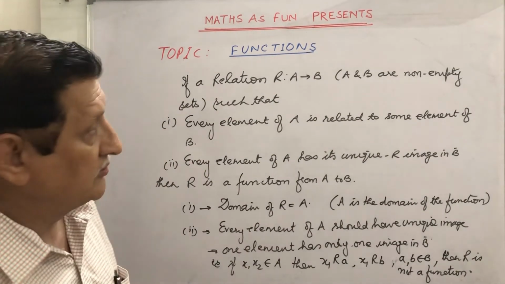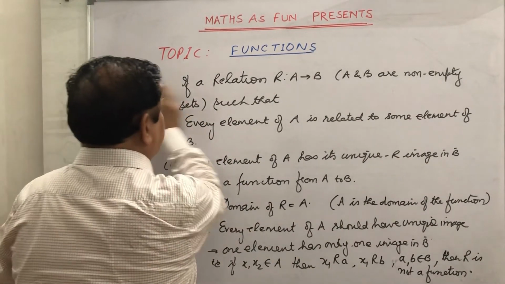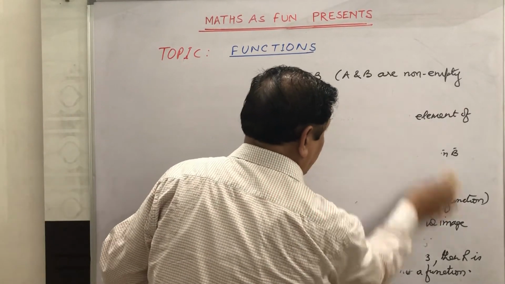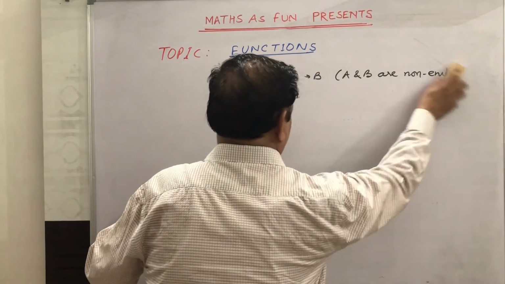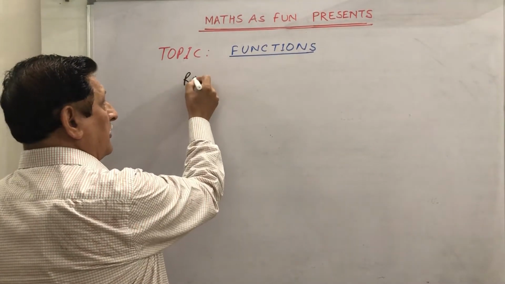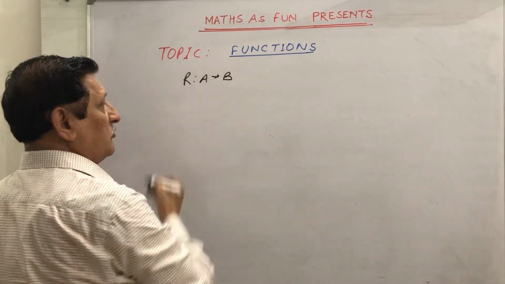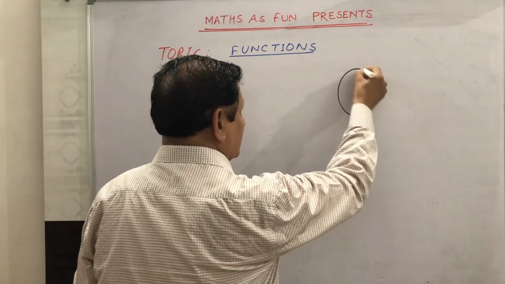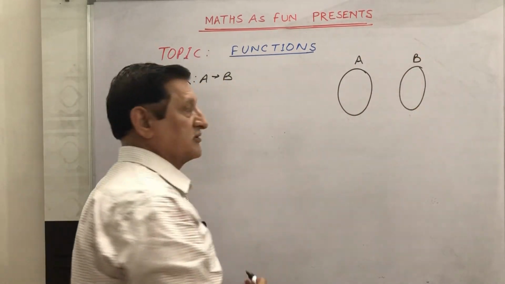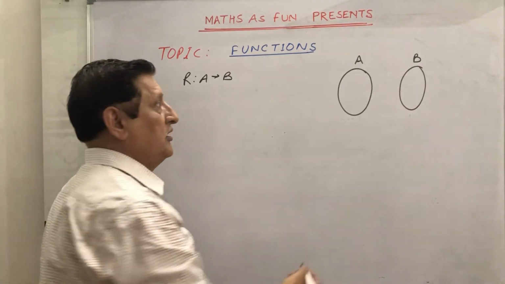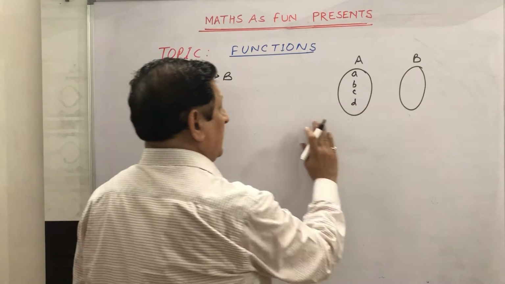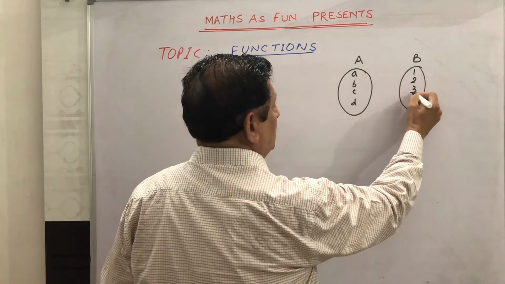Let's make it more clear to you. As I said, every element of A should have a unique image in B. R is a relation from A to B. Suppose there is some set A and another set B, and we are representing them by arrow diagrams. The elements in A are a, b, c, d, and the elements in B are 1, 2, 3, 4.